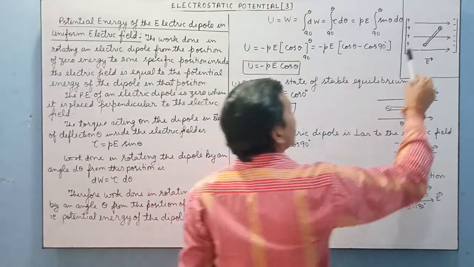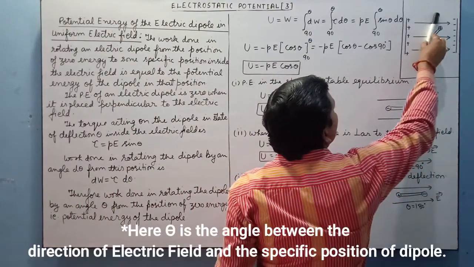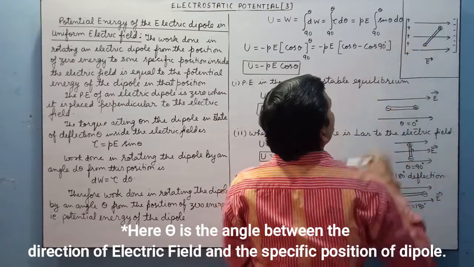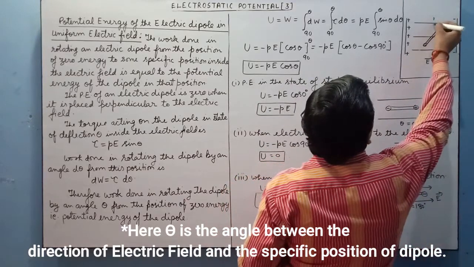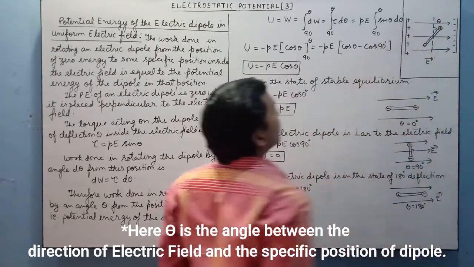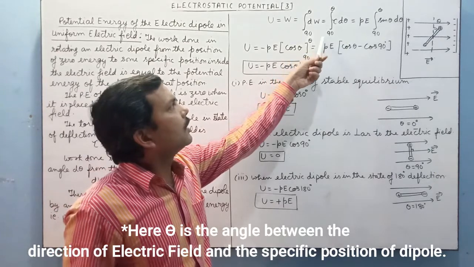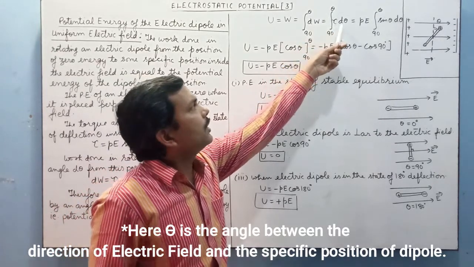Suppose the dipole is rotated from this position to this position by angle theta, like this. Here this is angle theta. So we get the integral from 90 to theta of tau d theta.